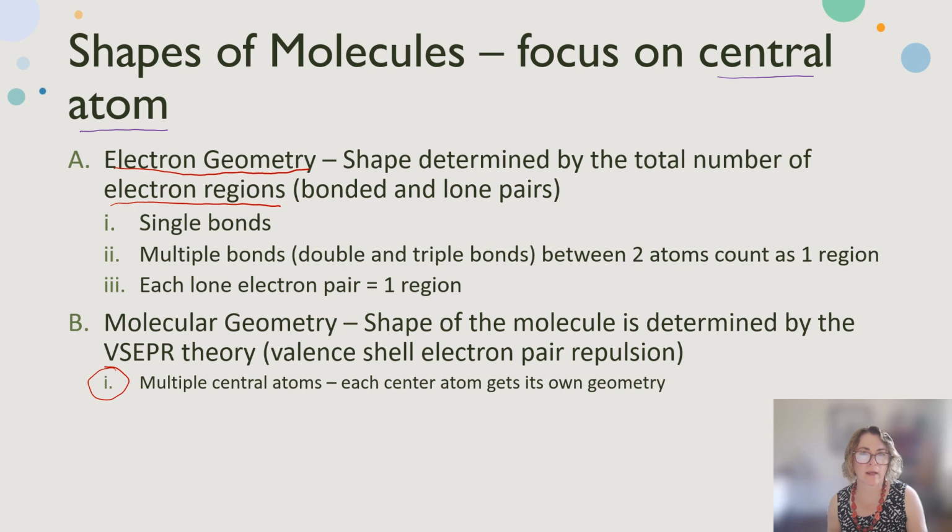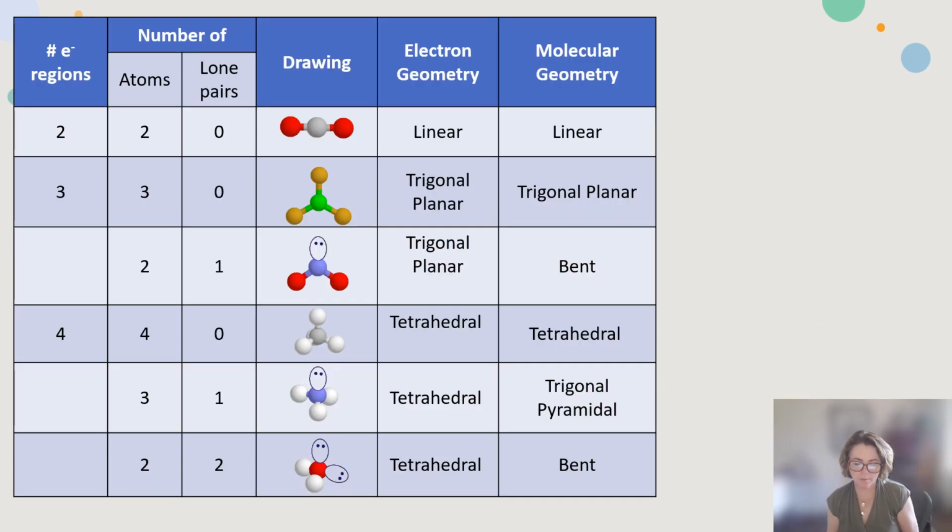If you have a molecule that has multiple central atoms, then it's going to be really important that each central atom gets its own geometry, electron geometry as well as molecular geometry. Okay, so what we're going to be doing here is taking a look at the electron geometry and the molecular geometry and talk about how those are interrelated.